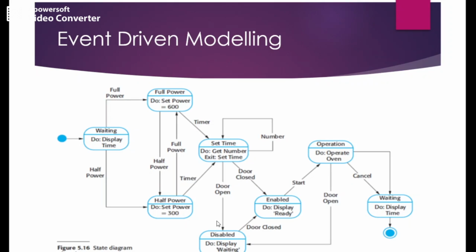So once the timer has been set and the door is closed, the start button is enabled. It will display ready here, and you can start the operation. In do, you are specifying operate the oven. It will start cooking for that specified time.